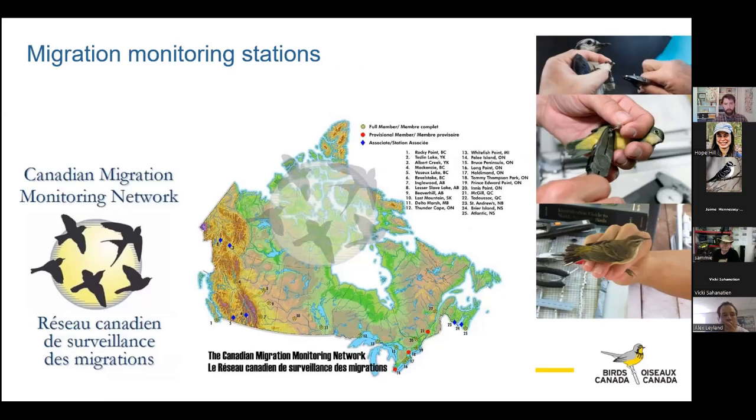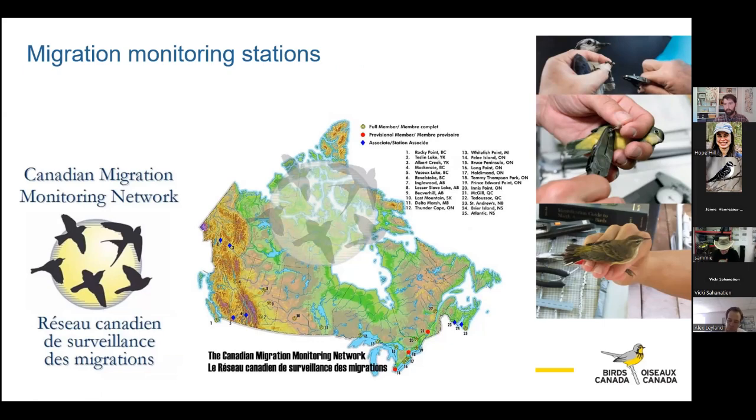And so there's a whole range of migration monitoring stations that exist already across Canada as part of the Canadian Migration Monitoring Network. And so there's lots of expertise at Birds Canada and across Canada in this area.